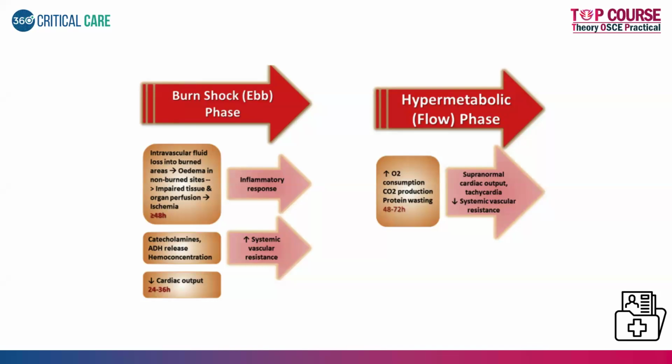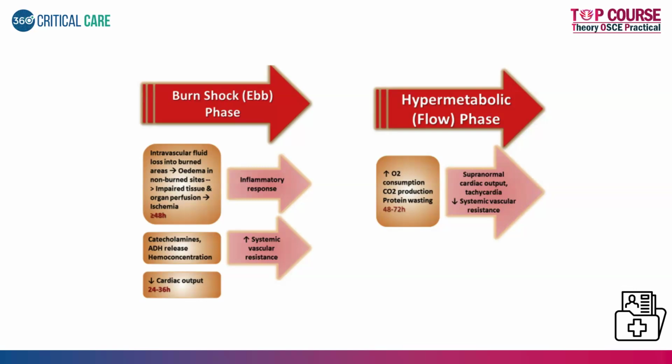They end up in a hypovolemic shock state. Along with this, because of the capillary leak, there will be some edema. Hypovolemia and edema together can lead to organ failure because of impaired perfusion. So this is the initial response: increased systemic vascular resistance and the hyperinflammatory state in the ebb phase.